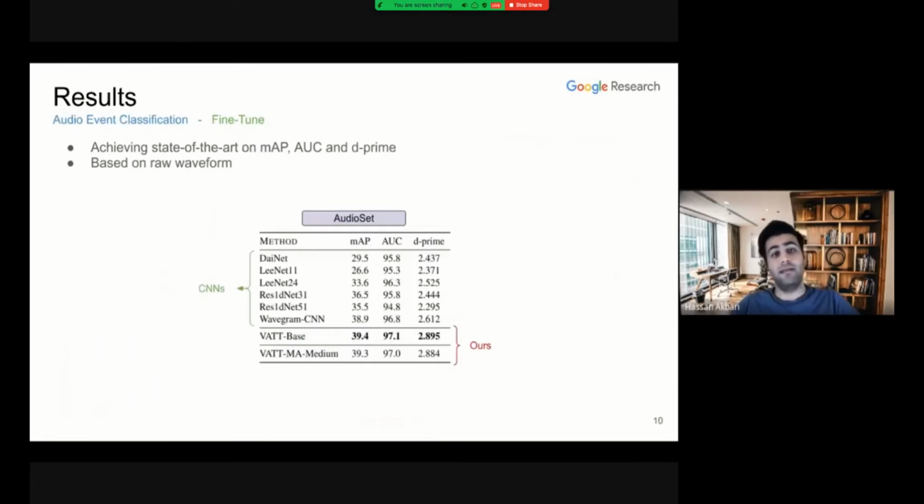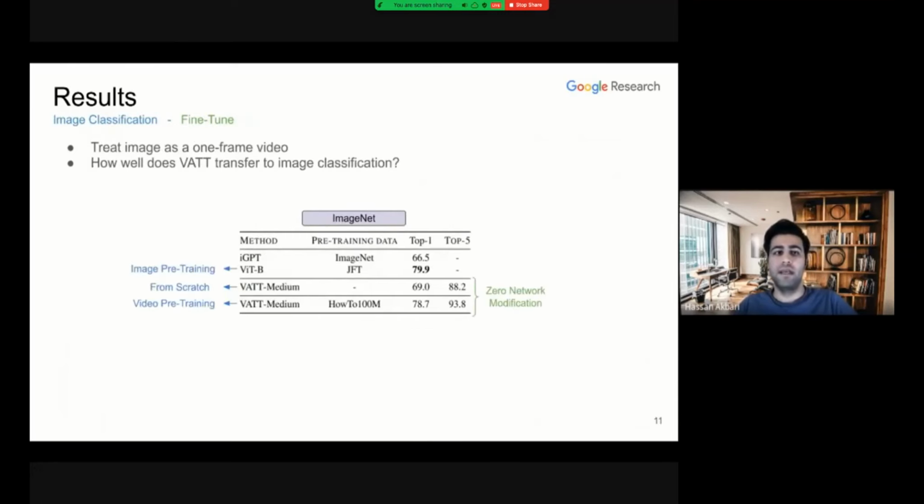And on the audio event classification, we see that the model successfully outperforms all previous methods that do audio event classification on AudioSet using CNNs on raw waveforms.